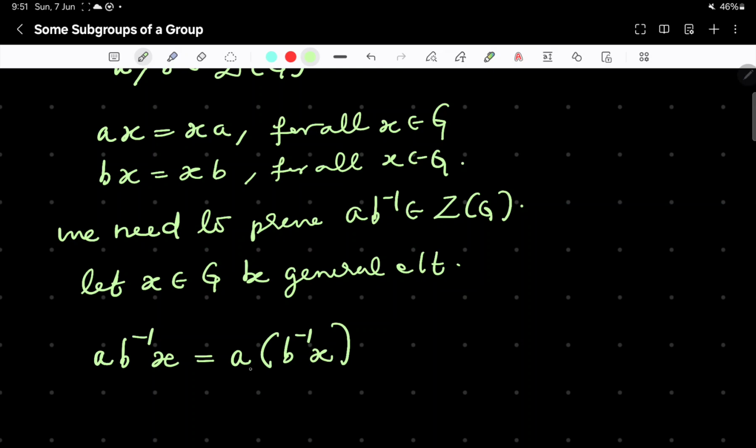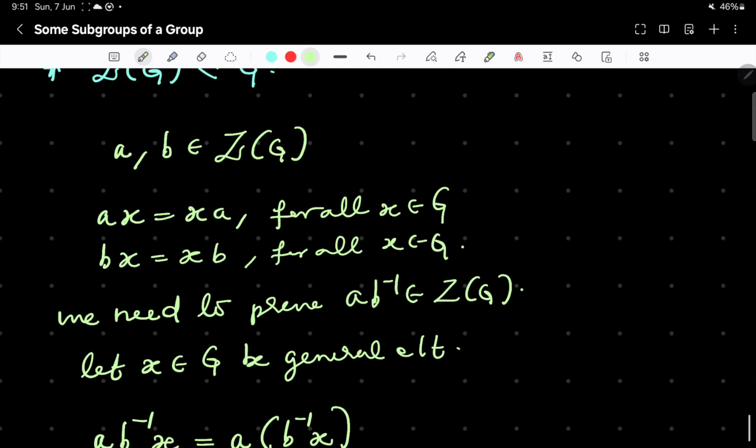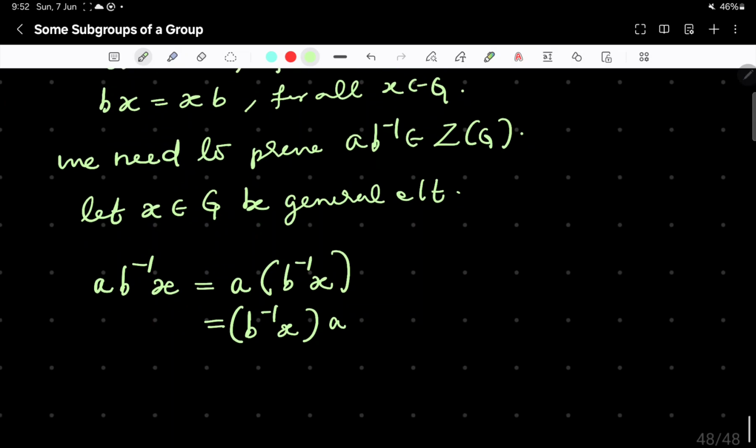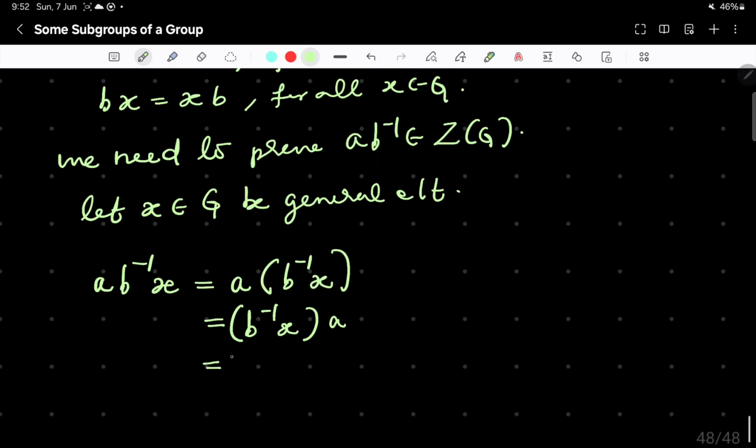It is true. Now A commutes with everybody, that's what we have taken. So A commutes with the element B inverse x. So I can write it as B inverse x of A, because A commutes with everybody. Now I will recall the shoe-sock property of elements. You know that in a group, (xy) all inverse is equal to y inverse x inverse.